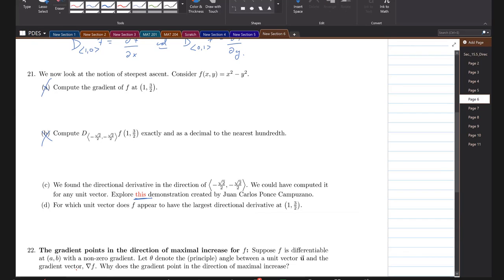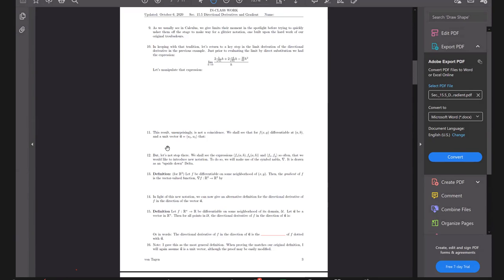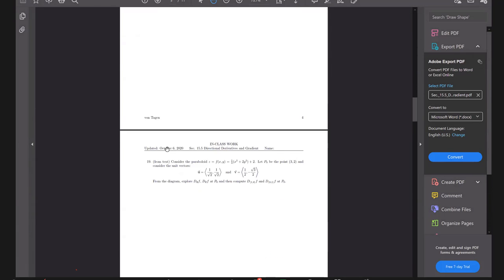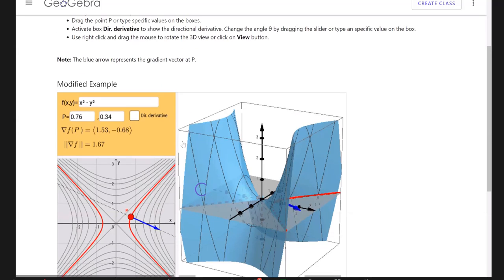And let's look at this demonstration here that I linked to. Okay, sorry that's taking so long to pop up, folks.